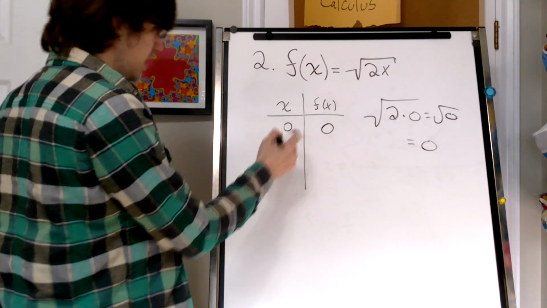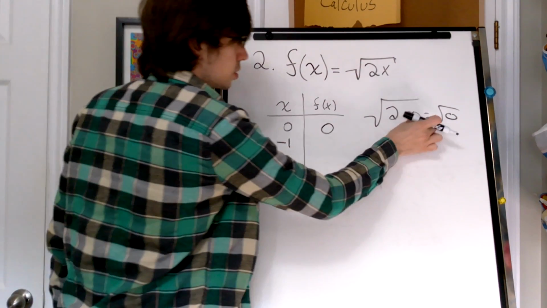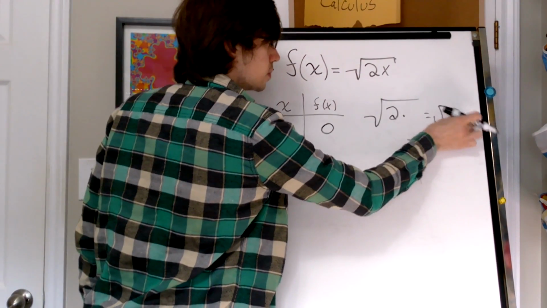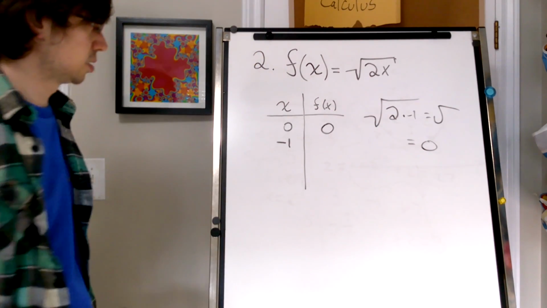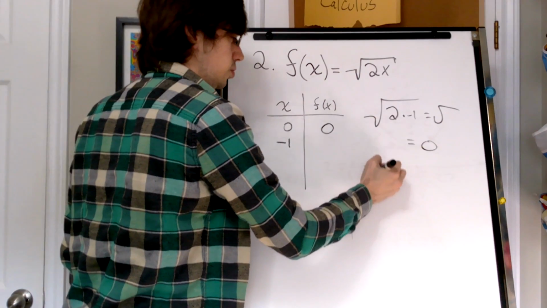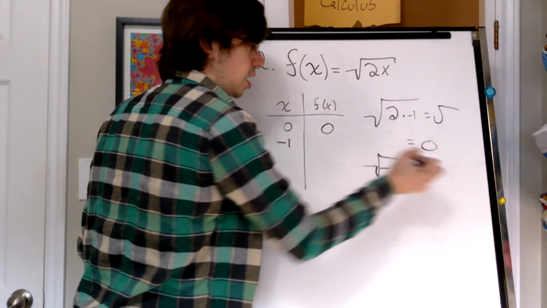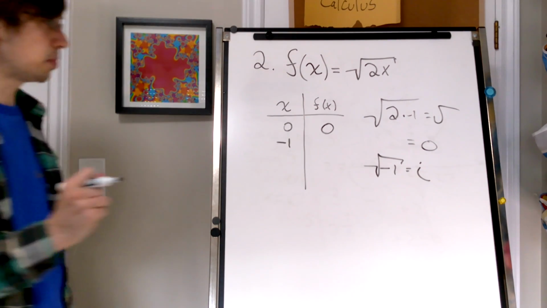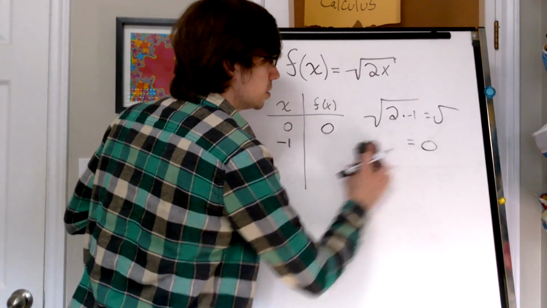We put anything negative, however, -1, say, the square root of -1 is called i and belongs to the complex plane, and we are not dealing with a complex plane.